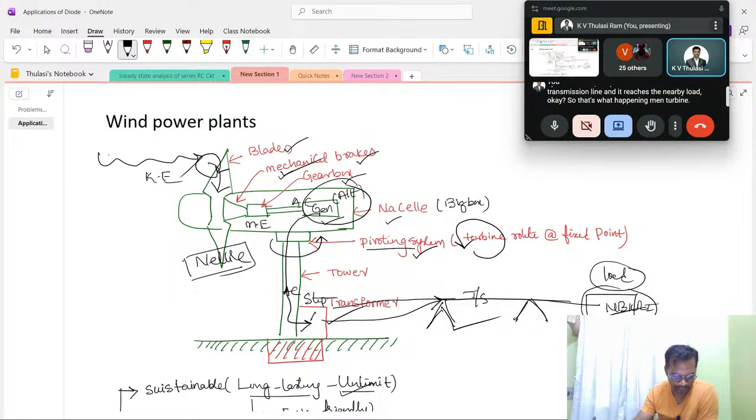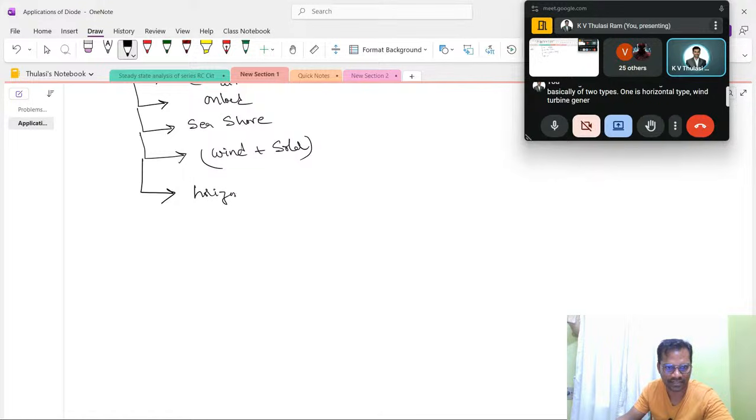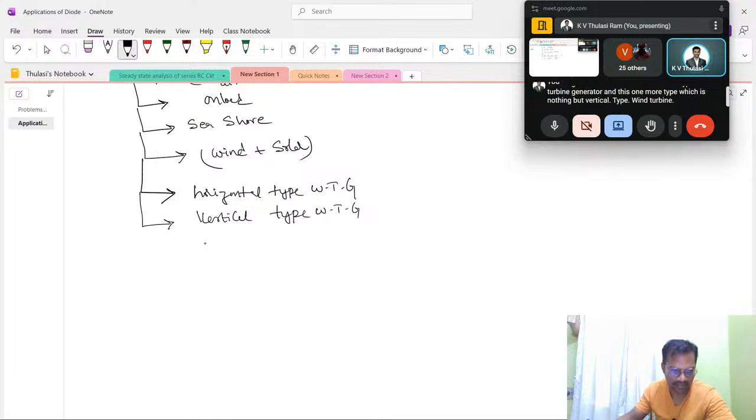Coming to wind turbine generators, they are basically of two types. One is the horizontal type wind turbine generator, and the other is the vertical type wind turbine generator.